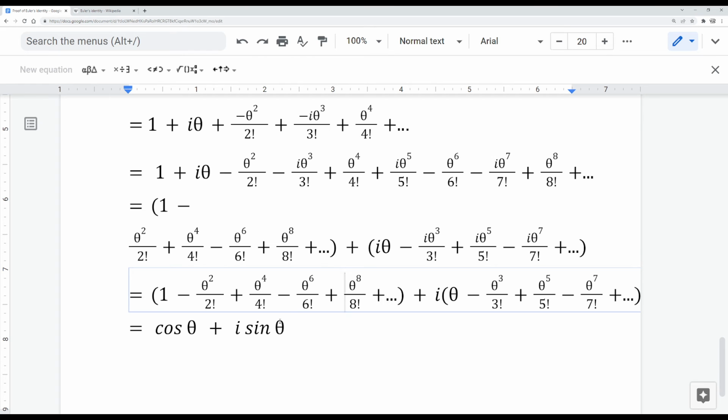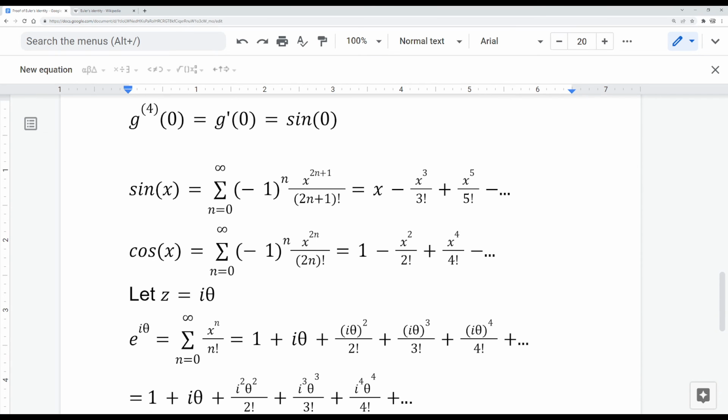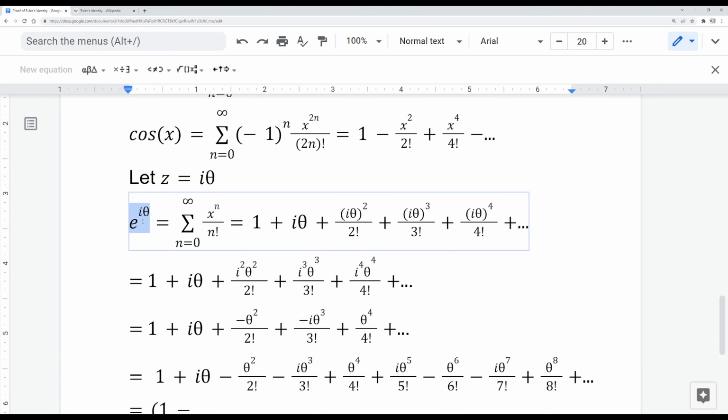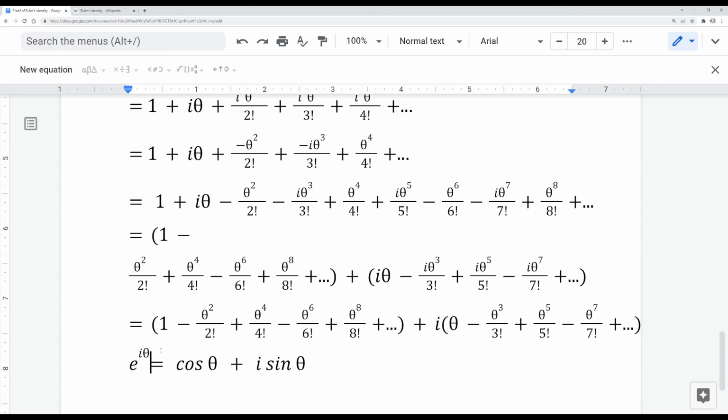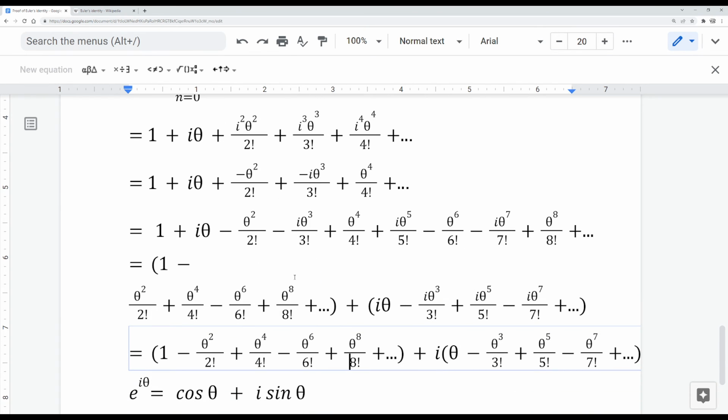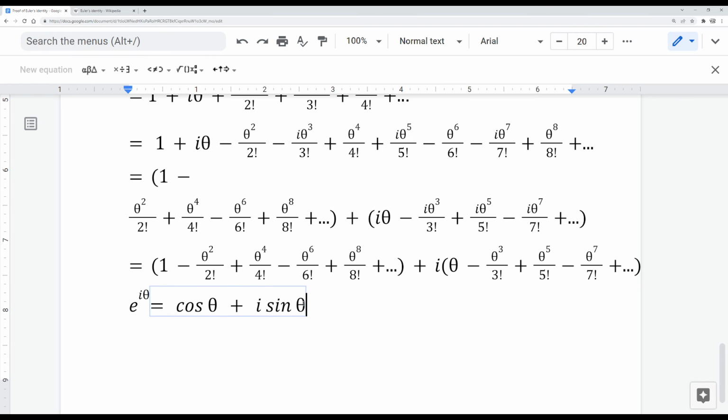So, what we just concluded is that e to the i theta, you know what, this deserves its own line, equals cosine theta plus i sine theta. And that is how we proved it. That is probably one of the coolest things I have seen when I first learned it.